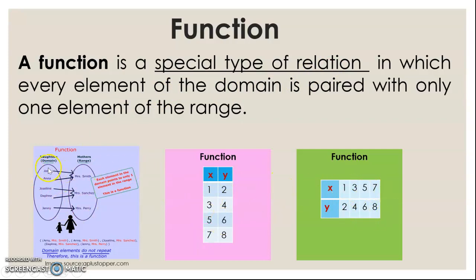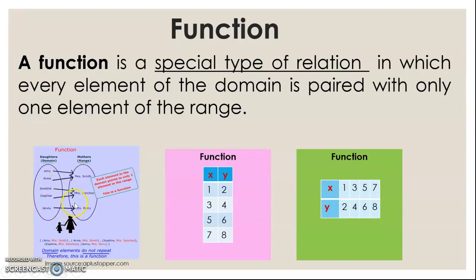So here are some examples of functions. So you can see here in our first example, we have 1, 2, 3, 4, 5 elements in the domain, and each element in the domain has exactly one pair of element in the range.